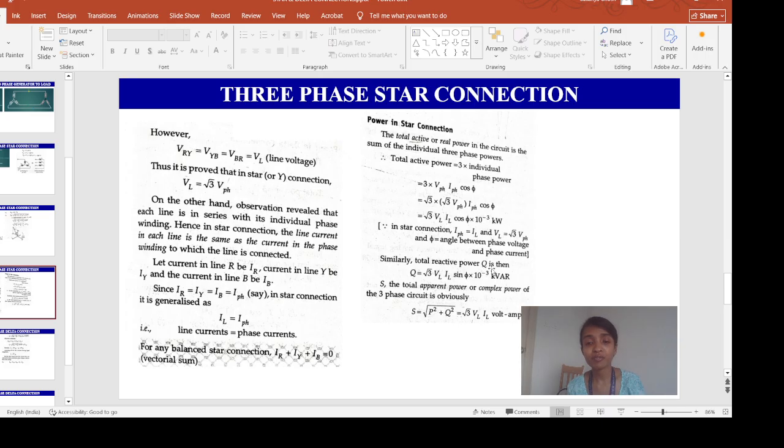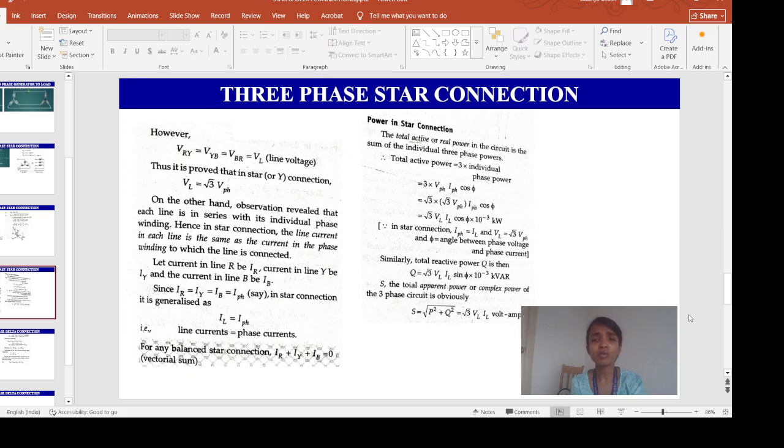And reactive power is the VI sin phi component, so it will be root 3 VL IL sin phi multiplied by 10 to the power minus 3 kVAR. We know it is in kilovolt ampere reactive, and total apparent power is nothing but the vector sum of the active power and the reactive power, equals root of P square plus Q square. So it is root 3 VL IL volt ampere.